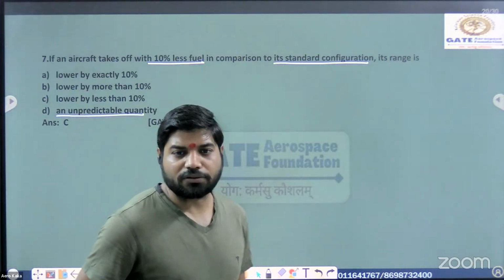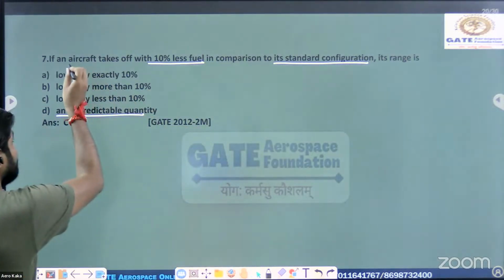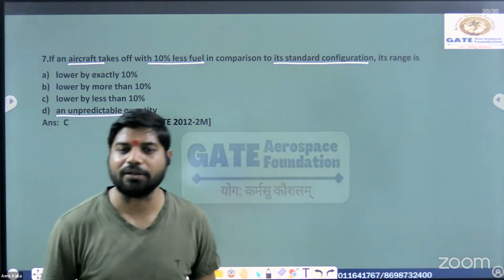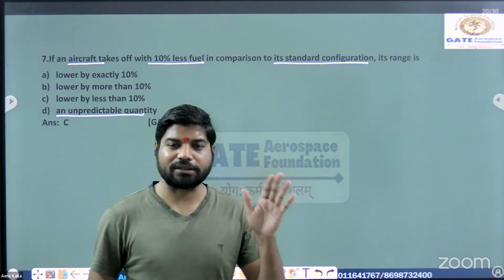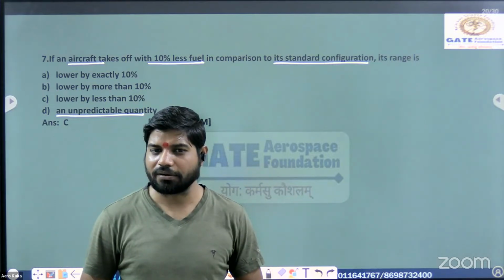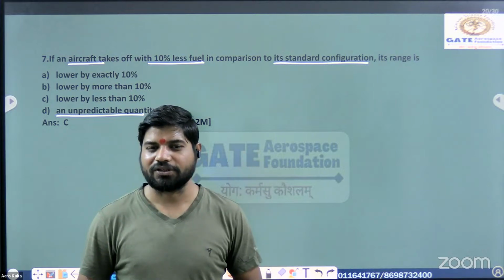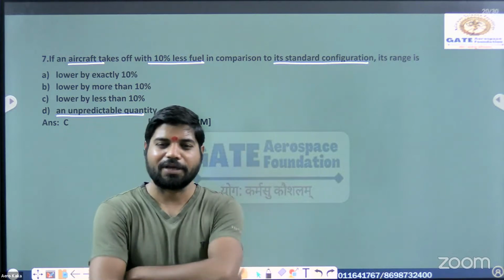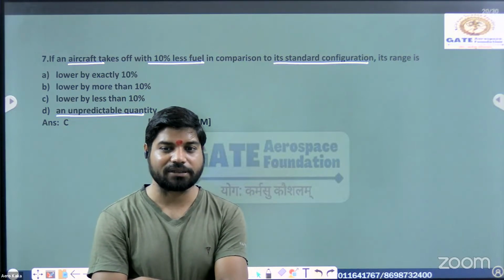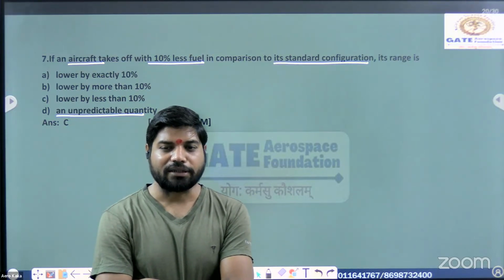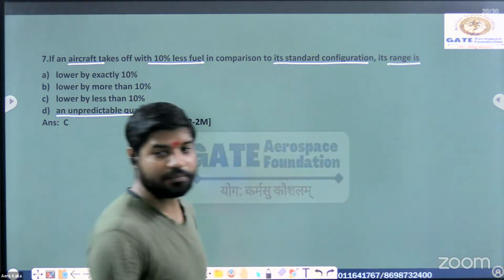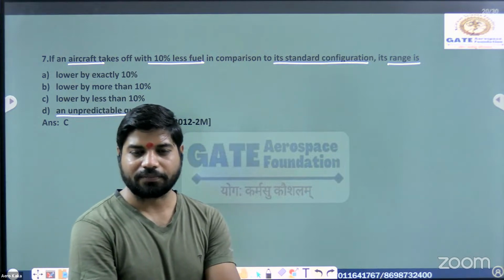Another problem with this question is that they say an aircraft, but they haven't mentioned whether it's a propeller-based aircraft or a jet engine aircraft. Hello, am I audible? Yes, audible, sir. They haven't mentioned which kind of aircraft this is, and they are talking about the range of this particular aircraft. So how to approach this one?